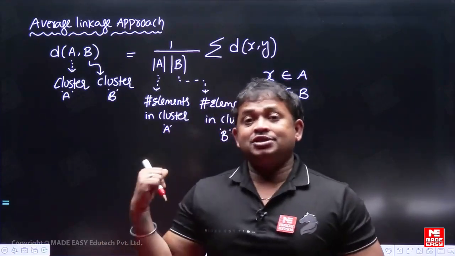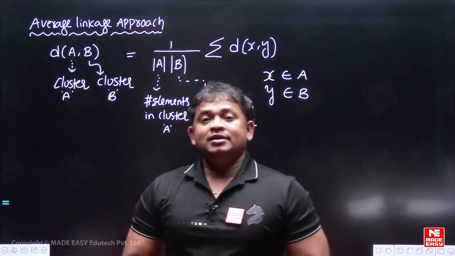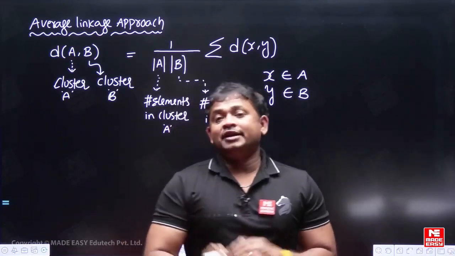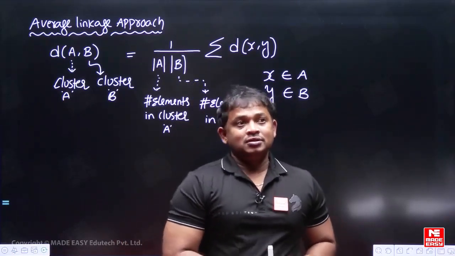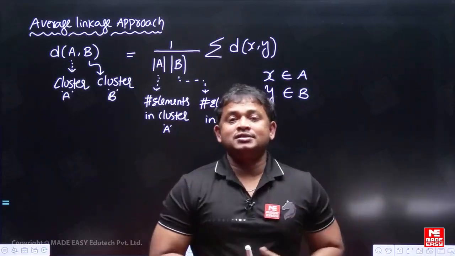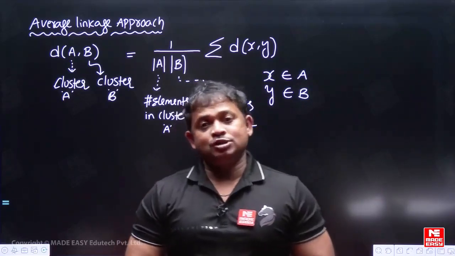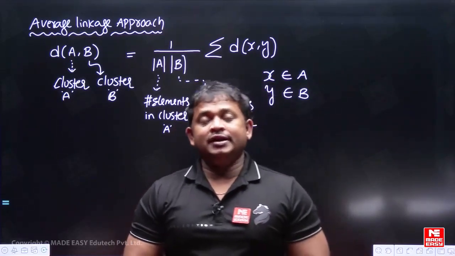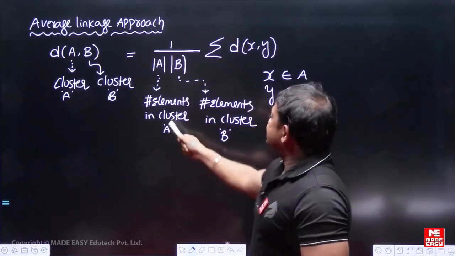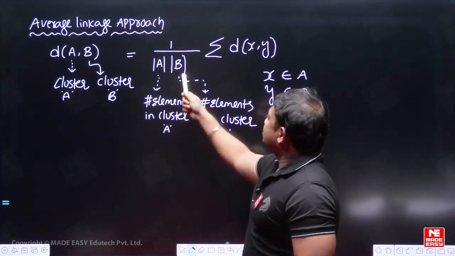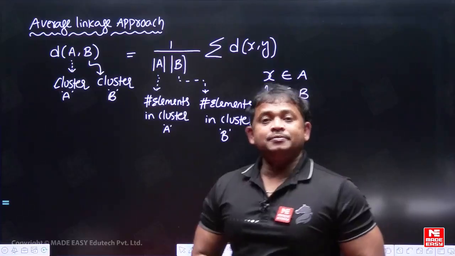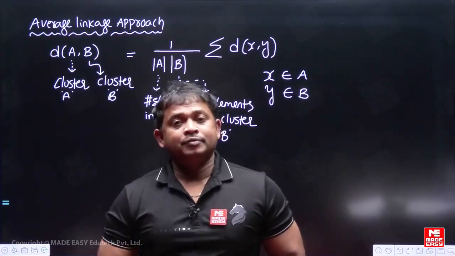In average linkage, we are taking the average value, that means summing all the distances between possible pairs of the data divided by the total number of elements in cluster A and total number of elements in cluster B. This is the meaning, right?